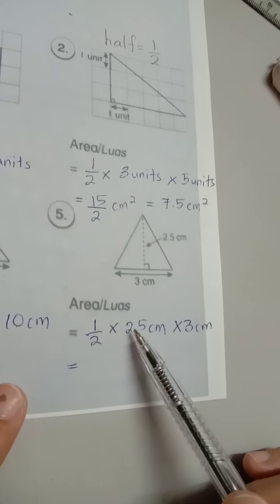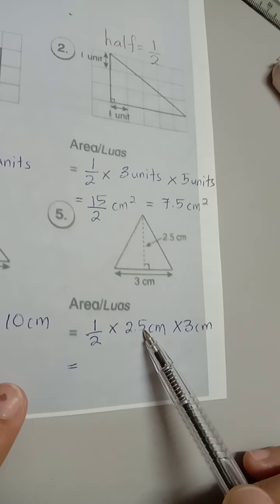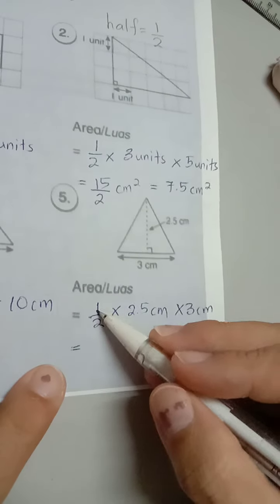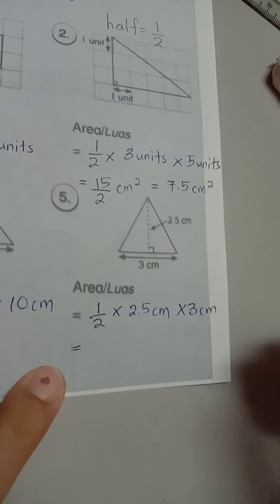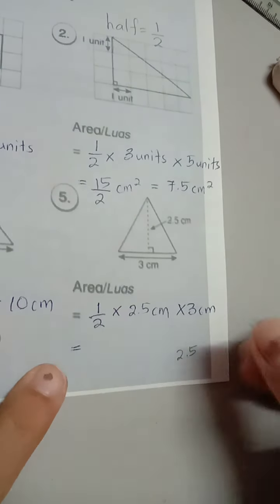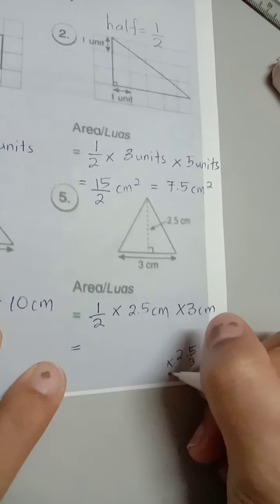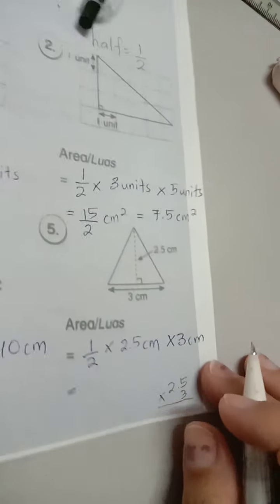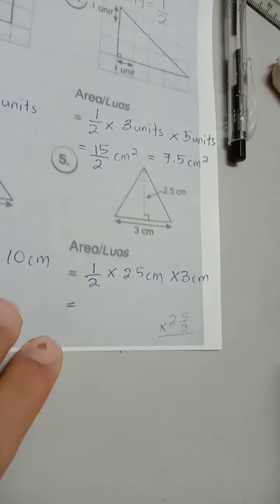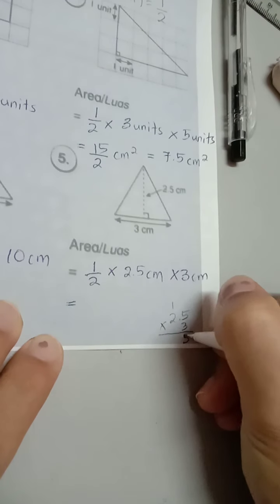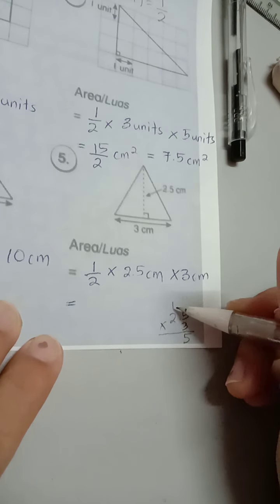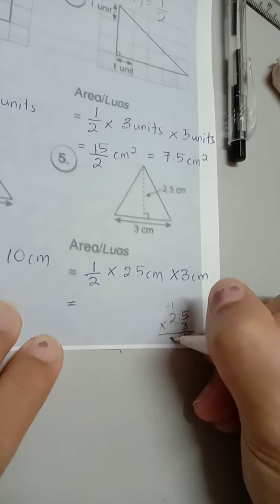So 1 times 2.5 is still 2.5. So I'm going to show you here. 1 times 2.5 is 2.5 and times 3. So let's find this. 3 times 5 is 15. 3 times 2 is 6 plus 1 is 7.